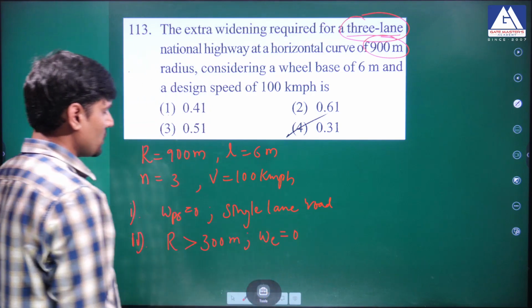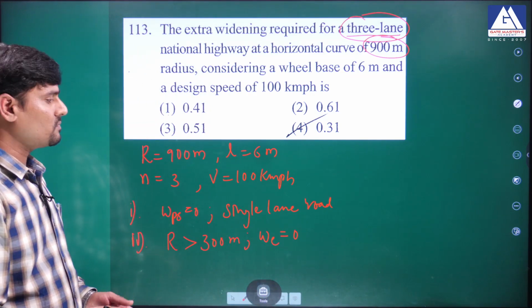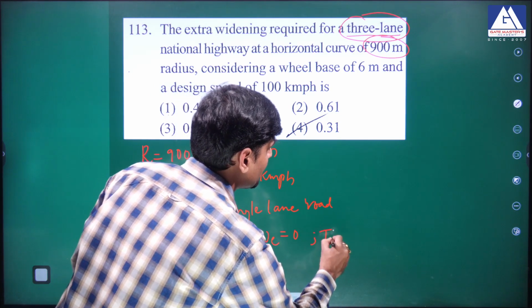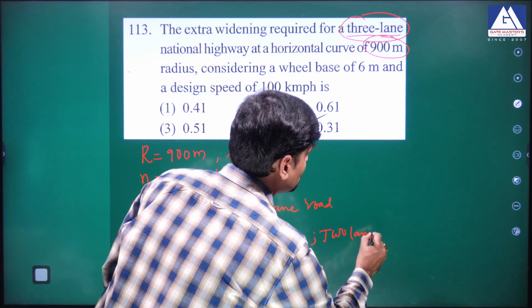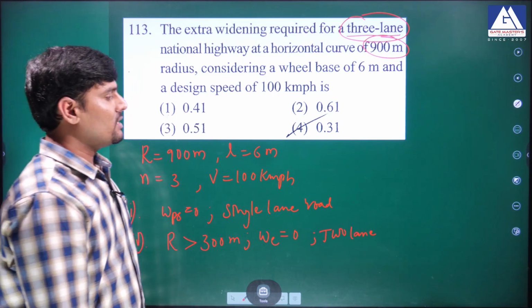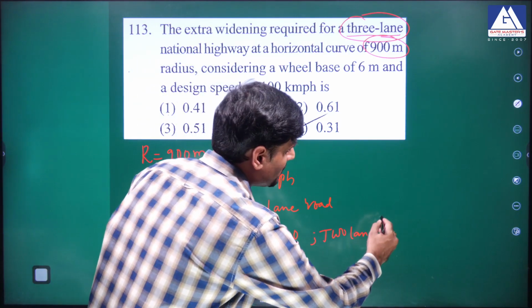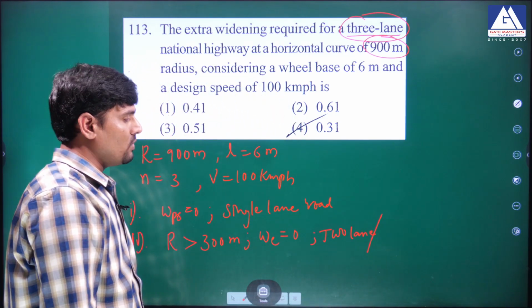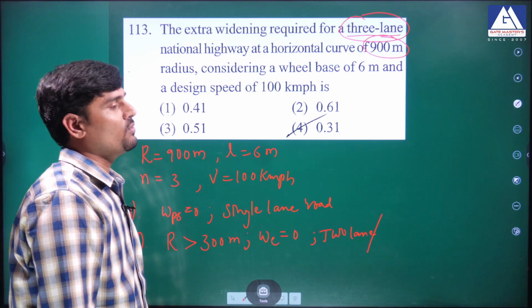No extra widening if the radius is much larger, and this is for the 2-lane highway as per IRC, even in some old textbooks. But these days the Indian Roads Congress and NHAI have launched the multi-lane highway manual, 6-lane manual, 8-lane manual.